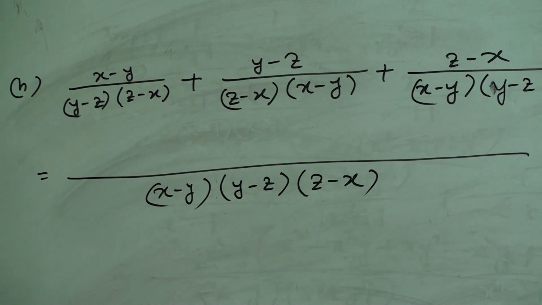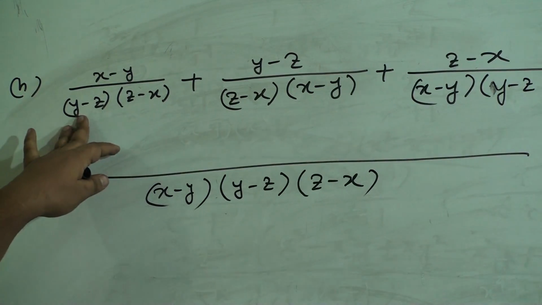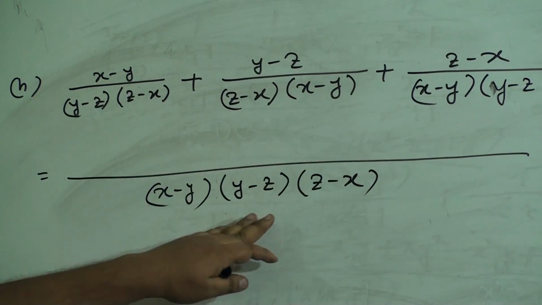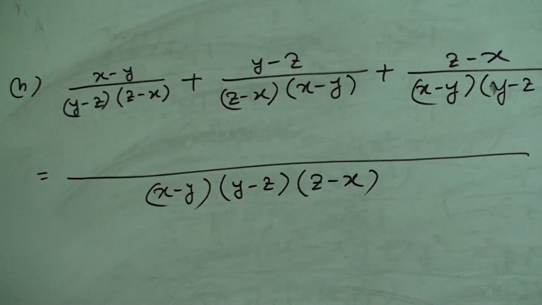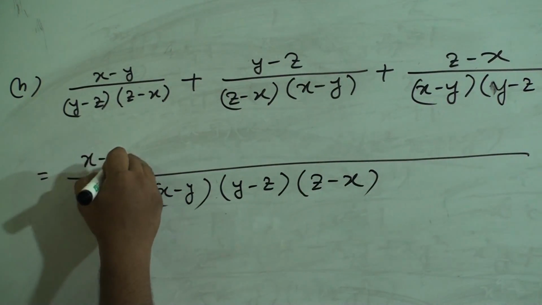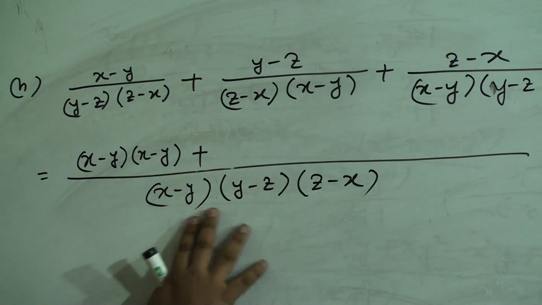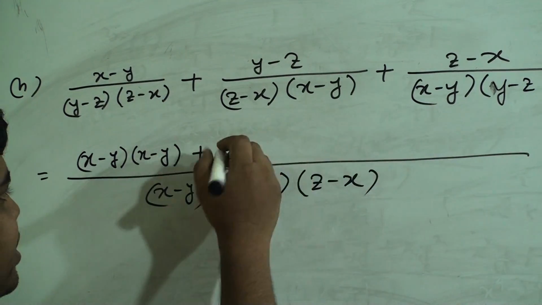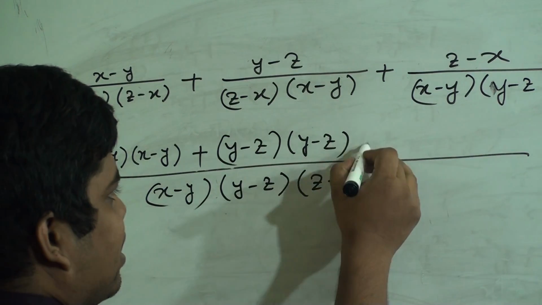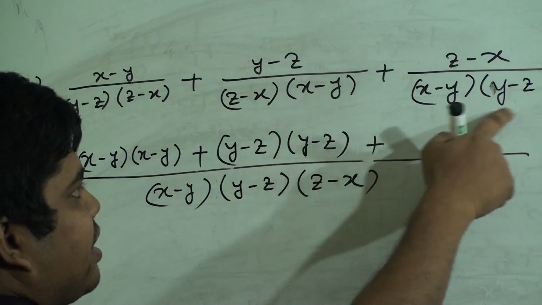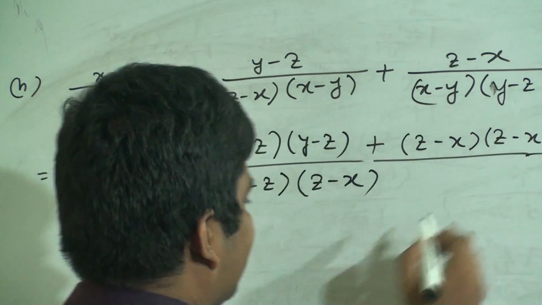Now we divide this LCM by the denominator of the first fraction, here y minus z and z minus x. If we divide this LCM by the denominator of the first fraction, we get x minus y and that is multiplied with x minus y. Plus we divide this LCM by the denominator of the second fraction and we get y minus z, so y minus z into y minus z. Similarly, we divide this LCM by this denominator and we get z minus x, so z minus x into z minus x.